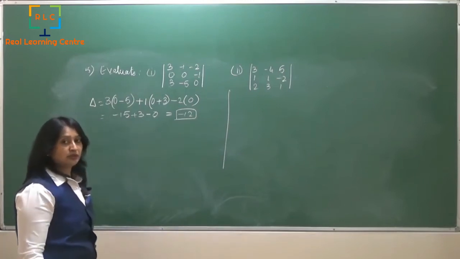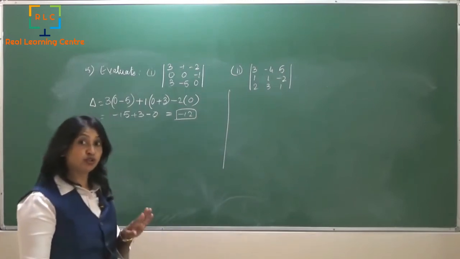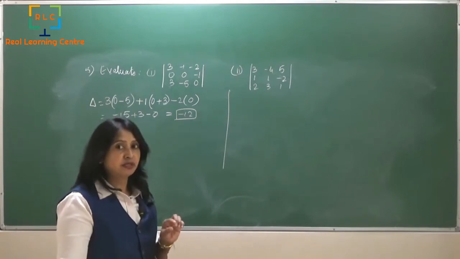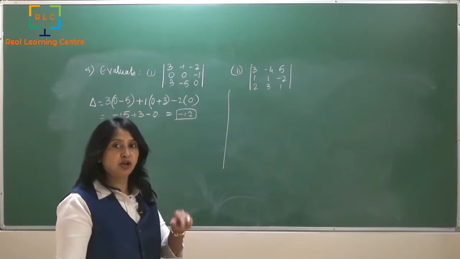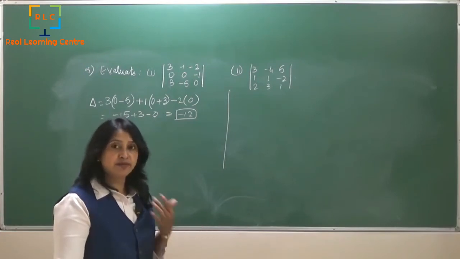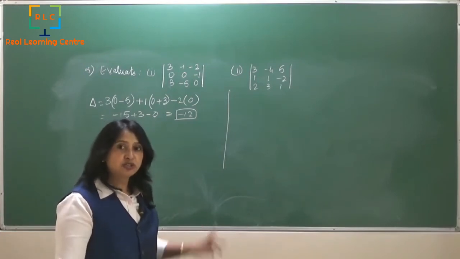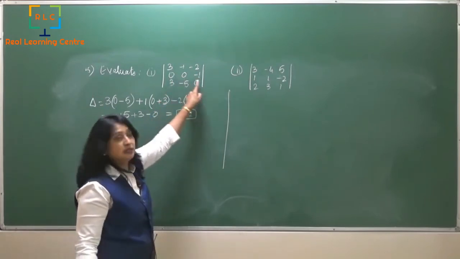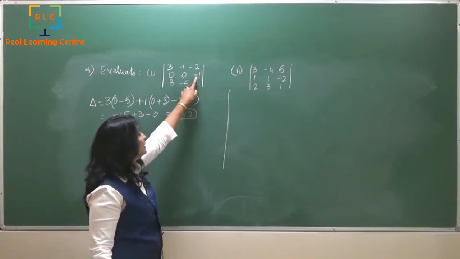And you know, whenever there is a fourth order determinant in the JEE examination, sometimes they give you a fourth order determinant, then you should expand the determinant along the row or the column which is having the maximum number of zeros. So this is one particular problem where you can see that row number 2 is having 2 zeros and only one element is present.